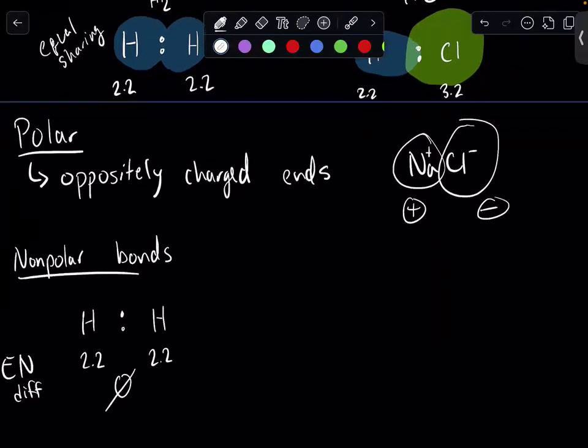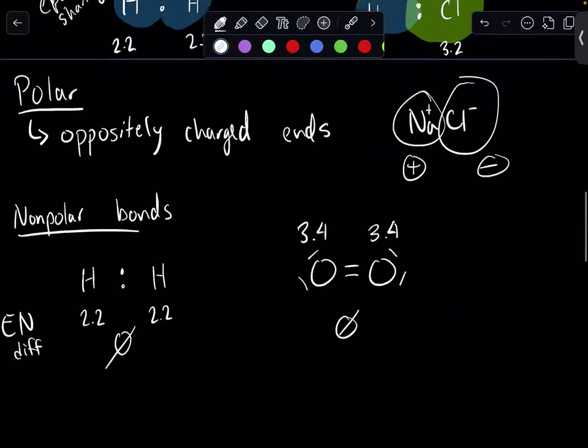If we look at something like maybe oxygen, which bonds in a double bond, and I'm going to use a standard Lewis diagram, oxygen has an electronegativity value of 3.4, much larger, but the difference between them is still 0, meaning that electrons are shared equally. So these are what we call nonpolar bonds.